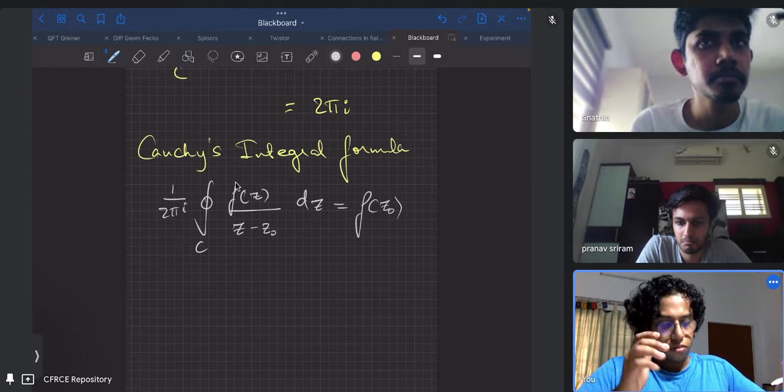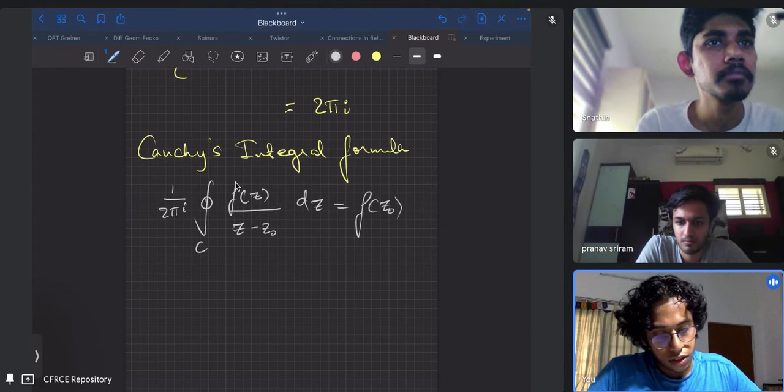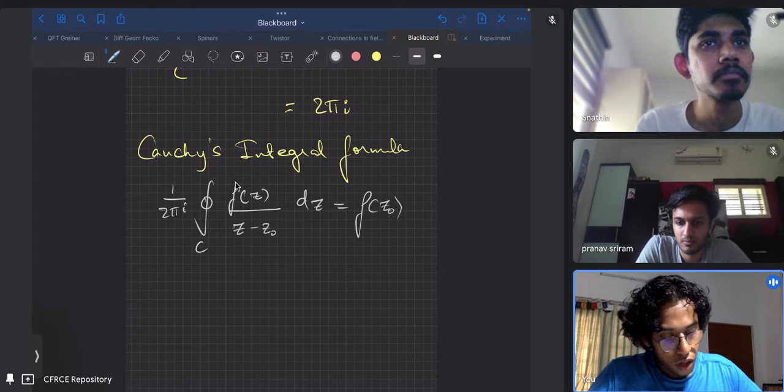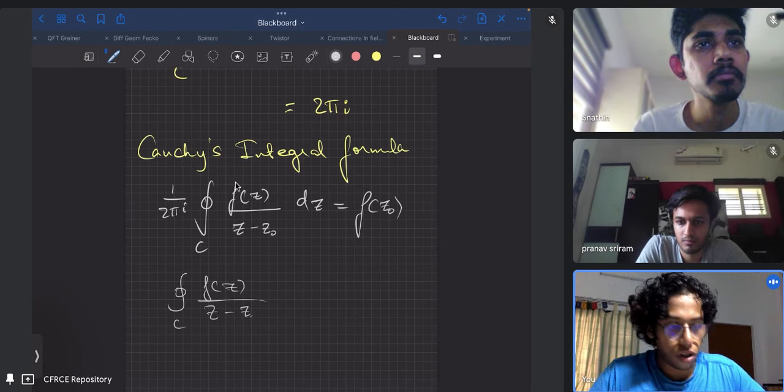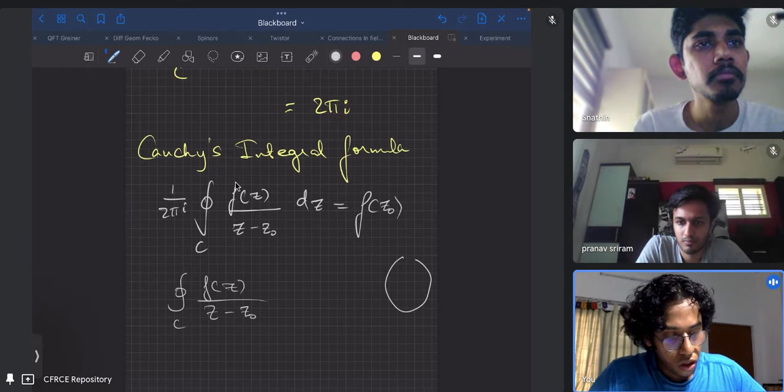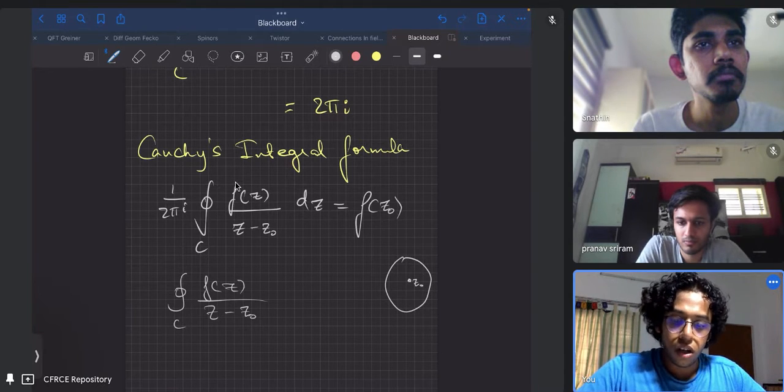Okay, let's try shifting things around a little bit. So you have the integral over C of f of z over z minus z naught, where z naught is an arbitrary point. So if you have a contour, z naught is an arbitrary point.